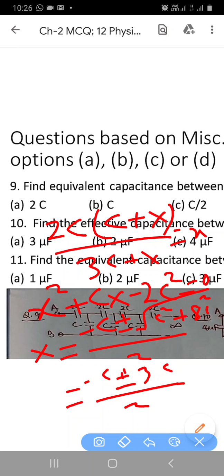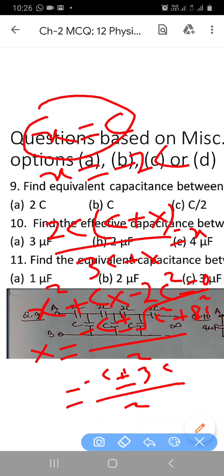So, taking the positive value, we get 3C minus C, 2C by 2, that is, first value x is equal to C. Taking the negative value, x is equal to minus 4C upon 2, that is minus 2C, but you know the capacitance will not have a negative value. So, x will be equal to C. This is the correct answer.